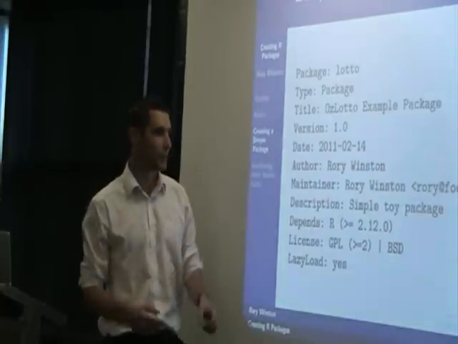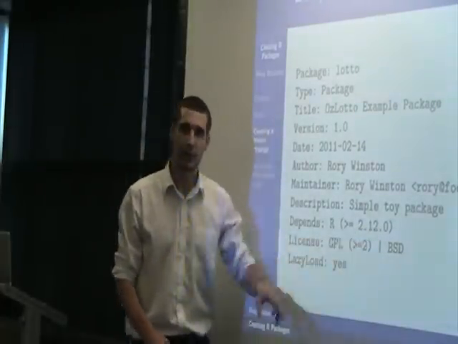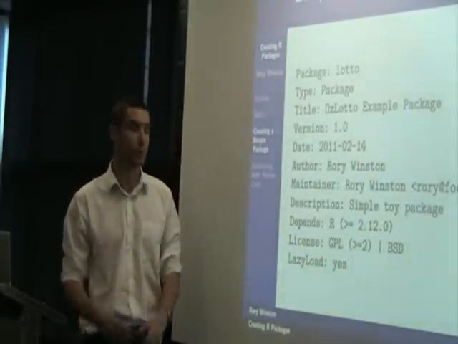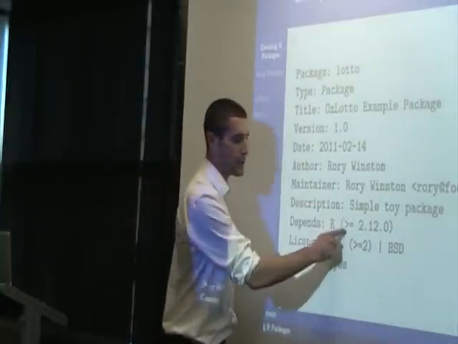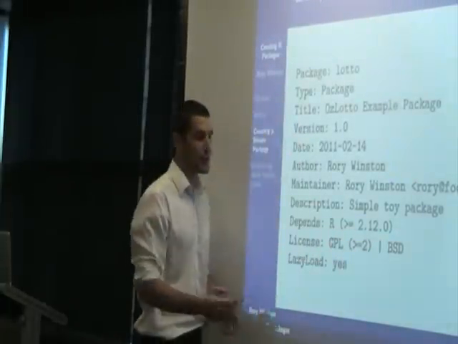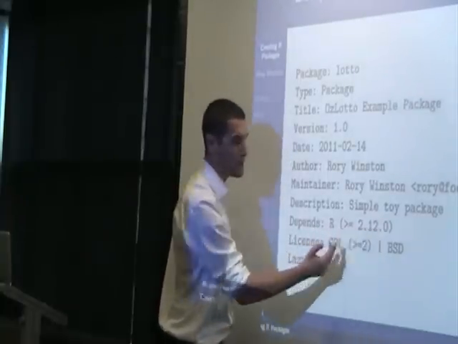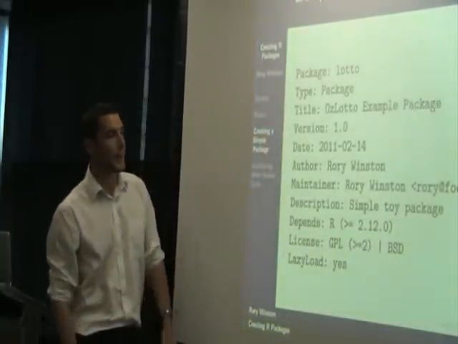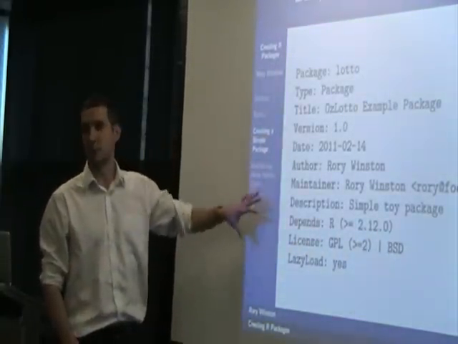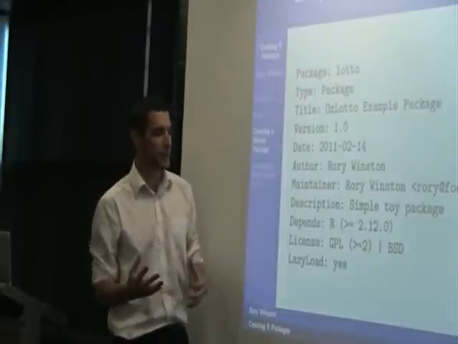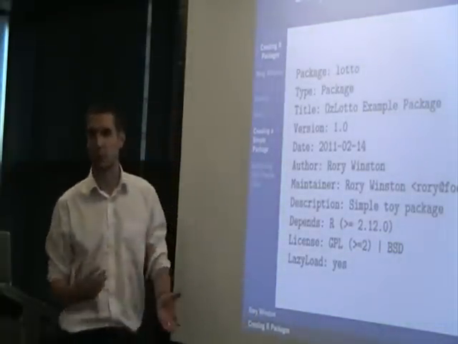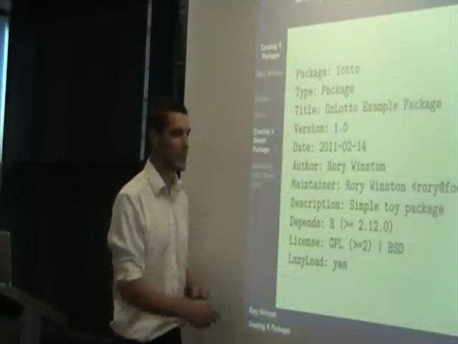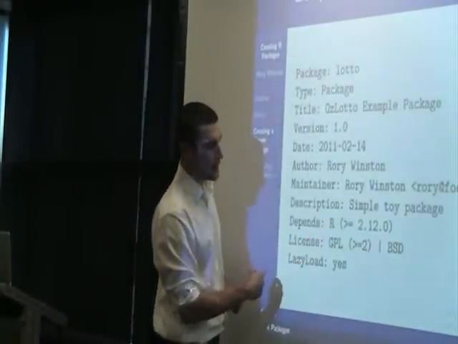So if you write something that works in R 2.12, like you depend on some functionality that was introduced in 2.12, so it won't work in any other version, then you should specify that you depend on a specific version of R. And I think a lot of packages do this. You'll see a lot of the basic packages you get with R will normally depend on some functionality that was introduced at a particular version, and so they'll say that.